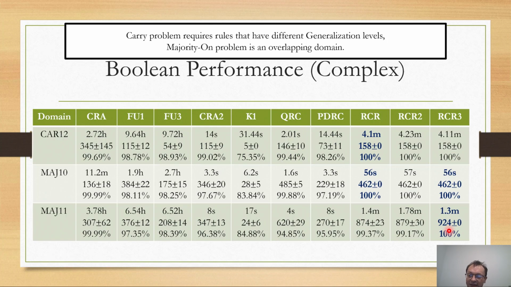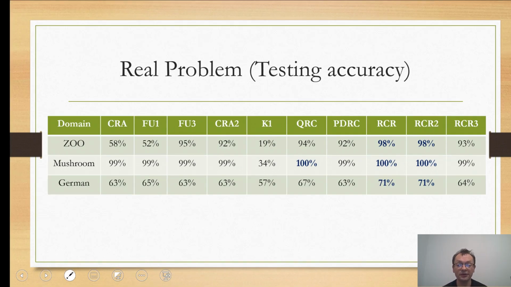And looking at this second row, that tells you it produces 924 rules that have to interact correctly in order to get the right answer. It also works for real problems, and there's more detail about this in the paper itself.